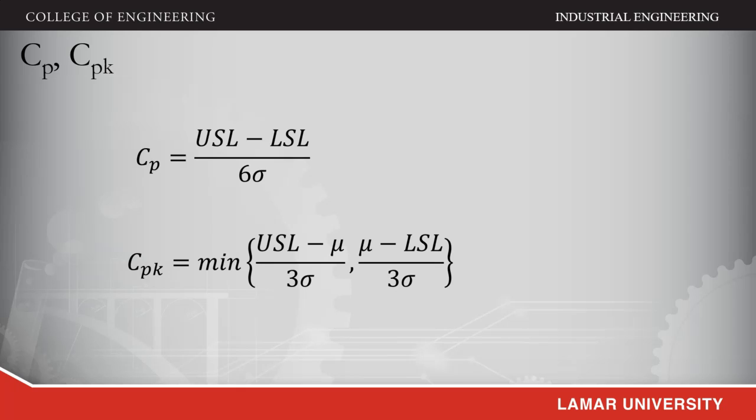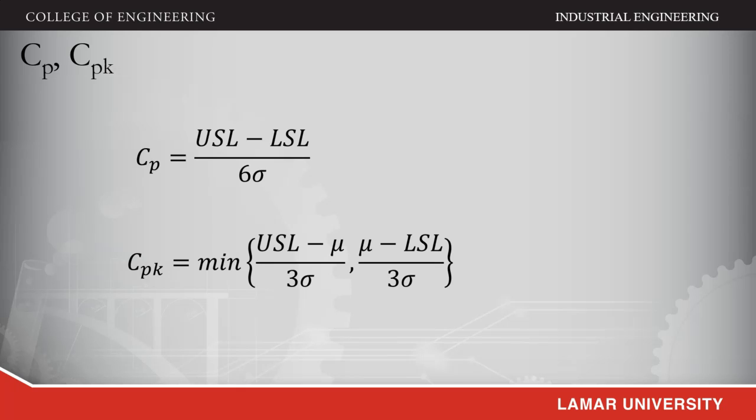Something that we need to stress is that CP is not a probability. CP is not the value of Z or C in the normal distribution. These are completely different concepts, and it is a proportion of how much the specification limits compare to the natural variation of the process.